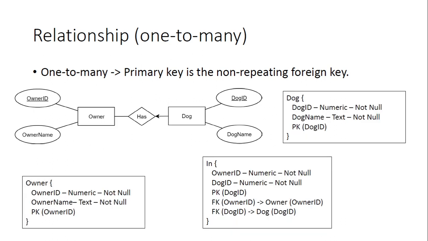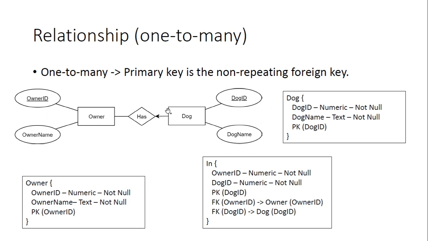And if we look at the corresponding relational schema, for dog and owner we have similar cases. The entity set tables are kind of trivial, and for this relationship called has, we need to keep foreign keys to both of these tables, and the primary key is going to be the one that does not repeat.